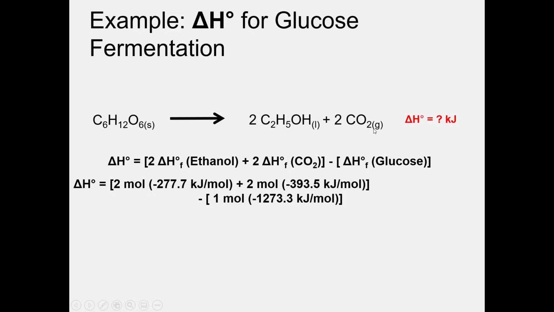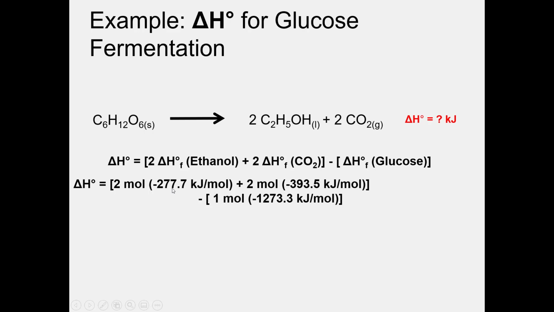For carbon dioxide in the gas phase, the enthalpy of formation is negative 393.5 kilojoules per mole. And for glucose solid, the enthalpy of formation is negative 1273.3 kilojoules per mole. Phases are a little easier with enthalpies of formation because you're always talking about the form of the molecule under standard temperature and pressure conditions.